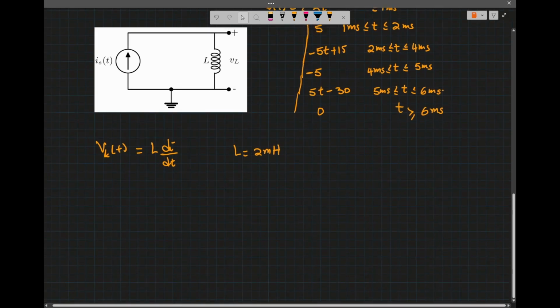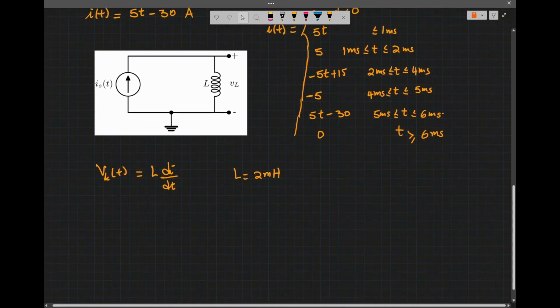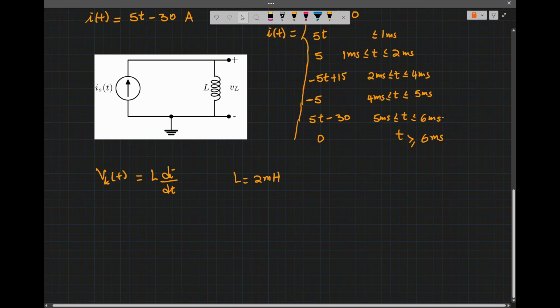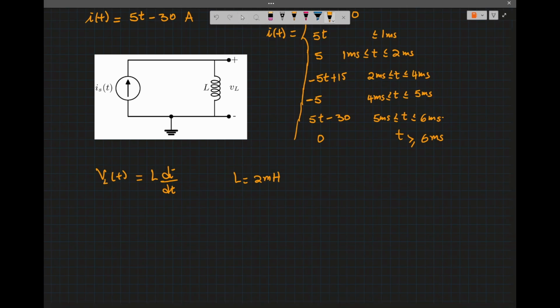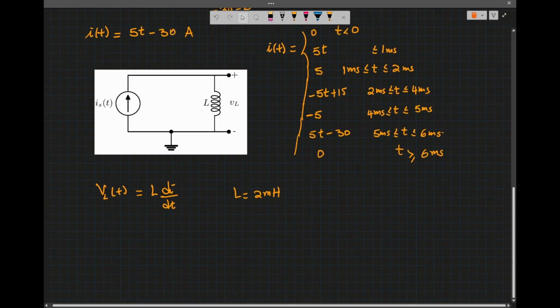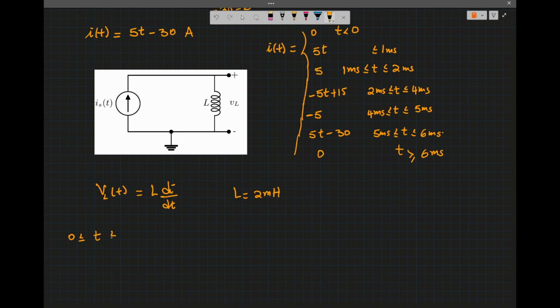So let's find this voltage. We know the current, so we can just find the voltage by differentiating the current. For 0 less than or equal to t less than or equal to 1 millisecond, VL will be L d/dt of 5t.